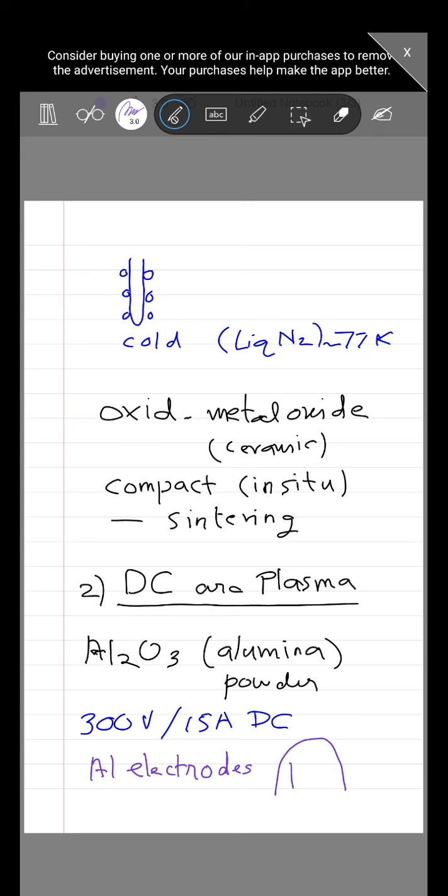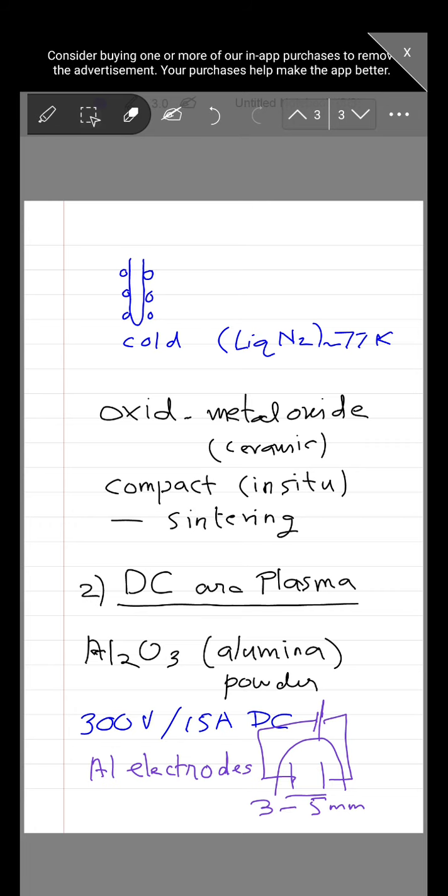So we have an aluminum electrode here, so we have in fact two aluminum electrodes, and there is a separation between the two of 3 to 5 millimeters, and they are charged differently. It means they are supplied by a DC. So one is the cathode and one is the anode.